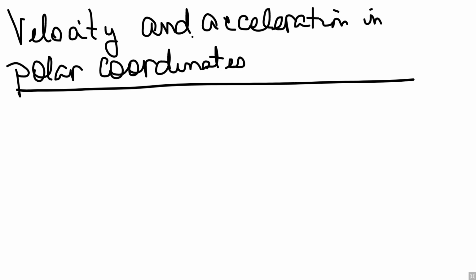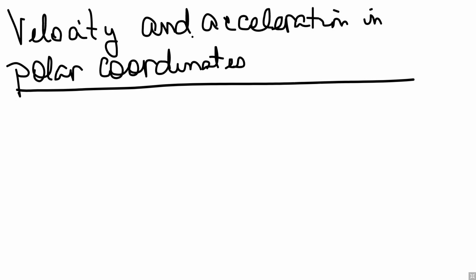Okay. Now, our approach here is going to be similar to what we were doing when we were trying to write the acceleration vector in terms of a unit tangent and a unit normal. So it's going to be the same approach.